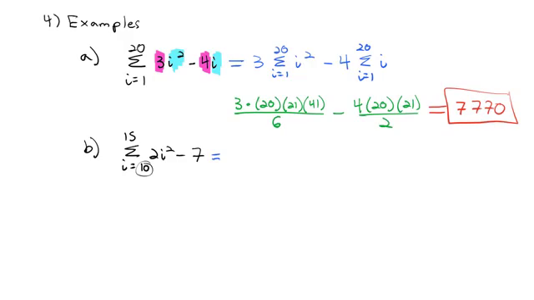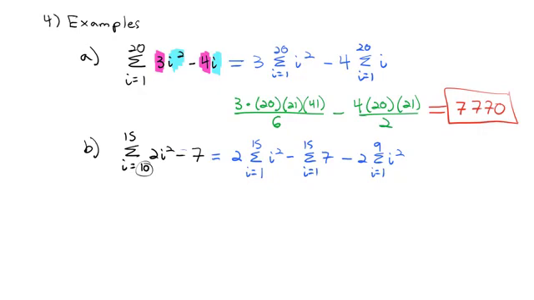So again, using our properties, the 2 comes out front. But we'll look at the sum as i goes from 1 to 15. That covers everything of the i squared, minus the sum as i goes from 1 to 15 of just the 7. And then we'll subtract off the ones we don't want. We'll subtract 2 times the sum of i squared of the ones we don't want, as i goes from 1 to 9, because we want to start at 10.